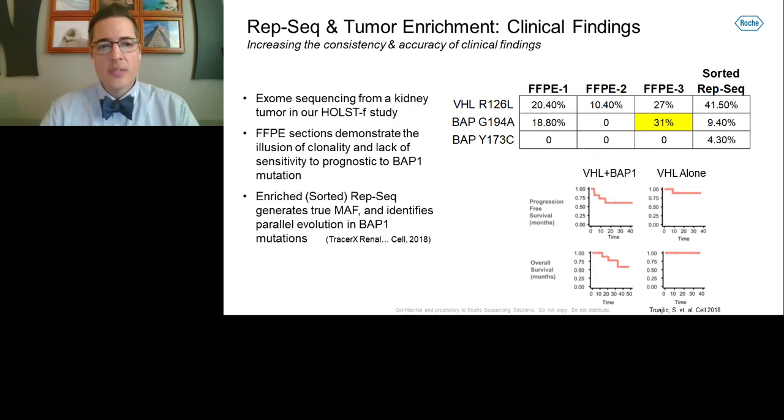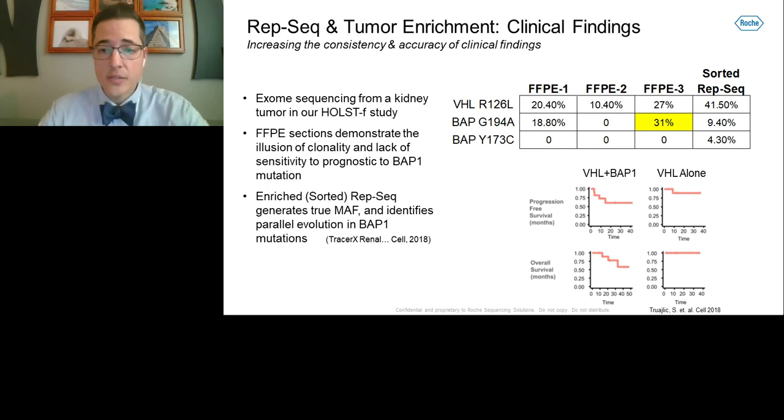So when we think about enrichment relative to clinical findings, I do want to point out one specific case, one of the kidney cases that I just showed you. In this case, we had 3 FFPE blocks, and when we do exome sequencing, what we see is that in FFPE block 1, we have a clonal VHL mutation, and we can see a low prevalence BAP1 mutation.